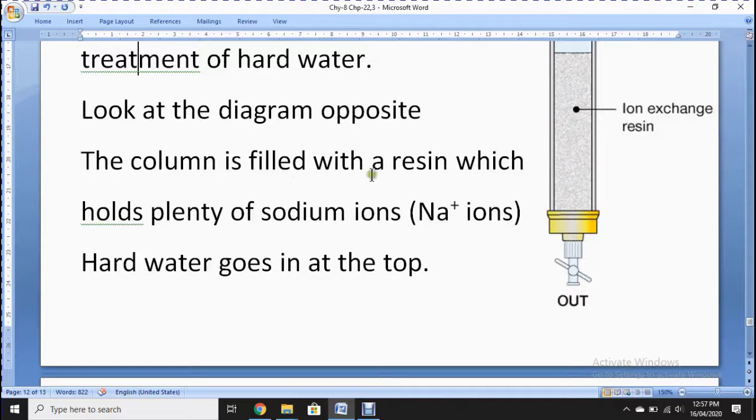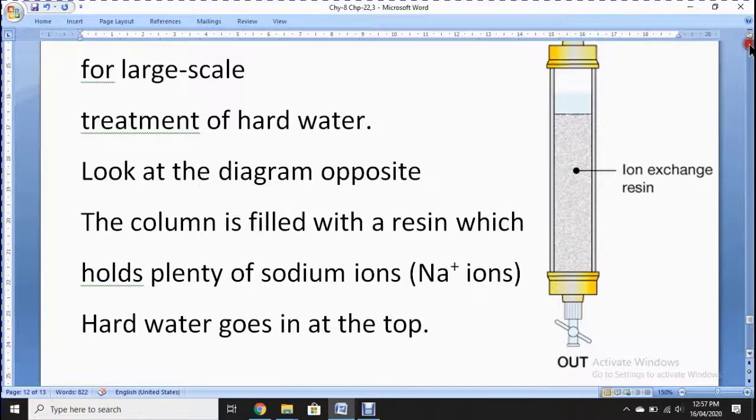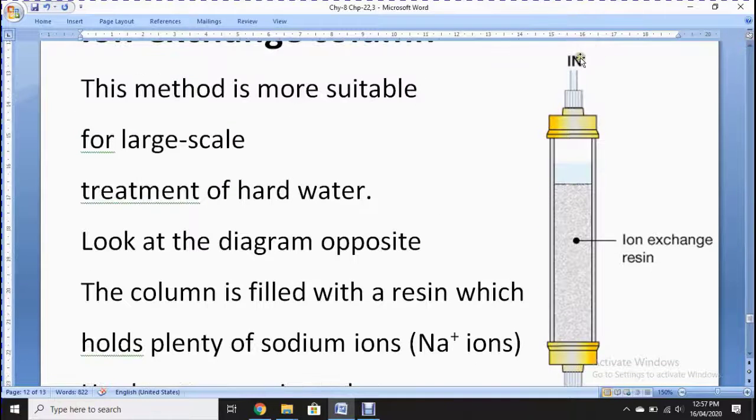The column is filled with a resin which holds plenty of sodium ions. As the name is ion exchange, this resin holds ions of sodium, a positive ion. We know that when a sodium atom loses one electron, it gains a positive charge, so it is named a sodium ion. Hard water goes in at the top, the water you want to treat or make soft.